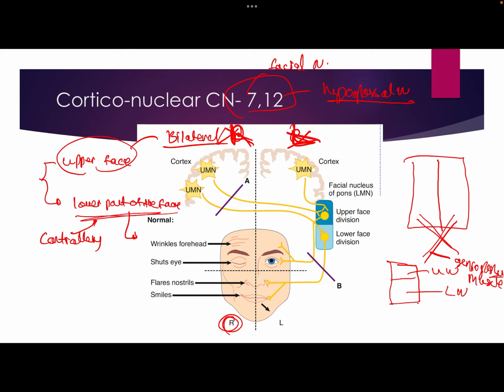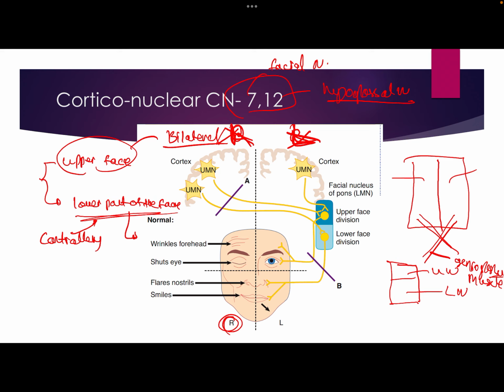The right genioglossus muscle helps to move the tongue to the left. The left genioglossus muscle helps the tongue to move to the right. The genioglossus muscle is innervated contralaterally, whereas the rest of the tongue is innervated bilaterally by the corticonuclear tract in terms of the nucleus. The tongue itself is innervated ipsilaterally. So this follows the same concept as cranial nerve 7.